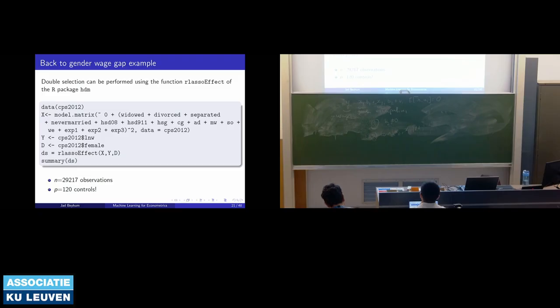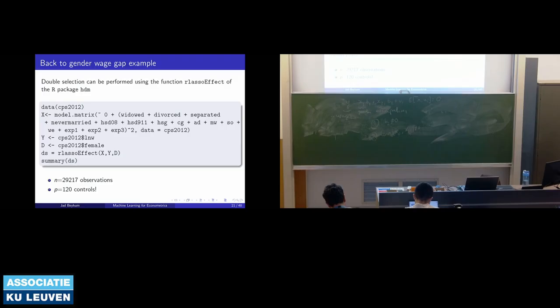That's what this command is doing. We saw a little bit how to generate this in the first lab session, and then you can run the function from the hdm package, which we will discuss later, called rlassoEffect, and this function gives you the double selection.